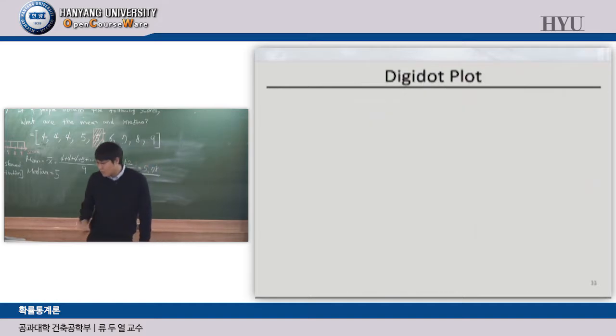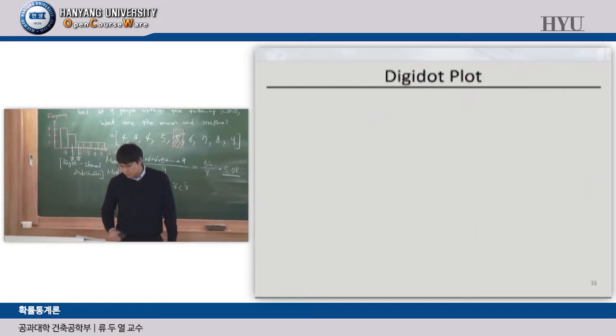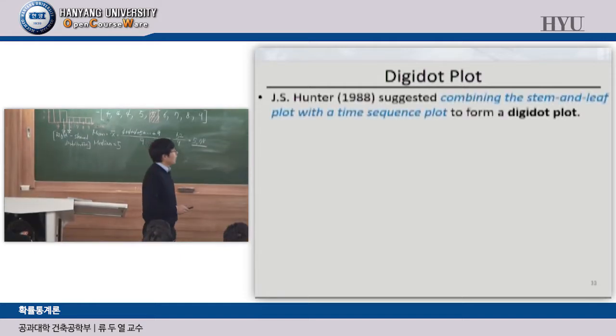And this is about the digidot plot. What is the digidot plot? J.S. Hunter in 1988 suggested combining the stem and leaf diagram with a time sequence plot to form a digidot plot. We already have learned about the stem and leaf diagram, right?